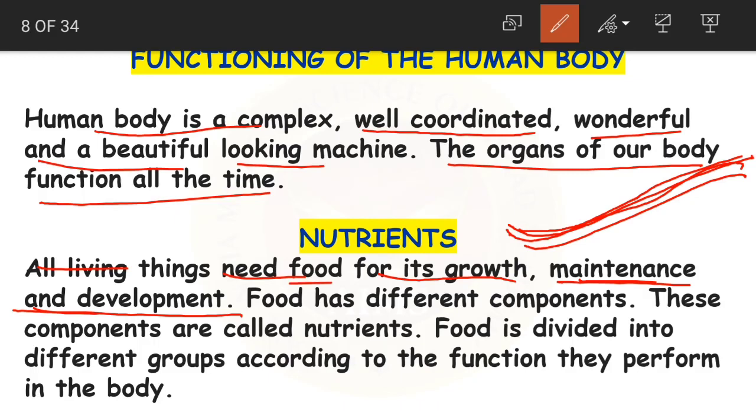We need food. Okay, and food has different components. These components are called nutrients, because our body needs different types of nutrients which food has got.